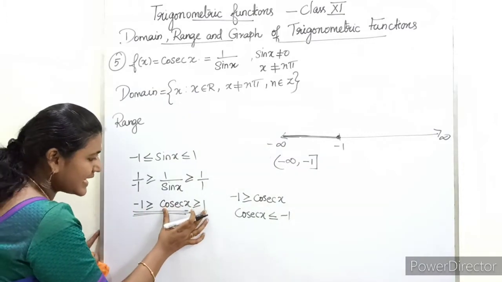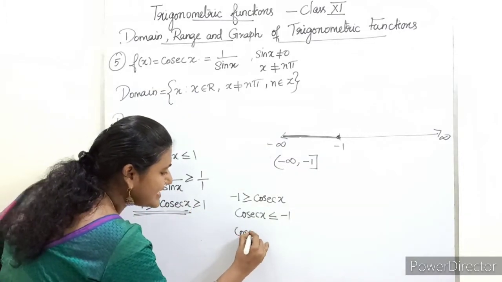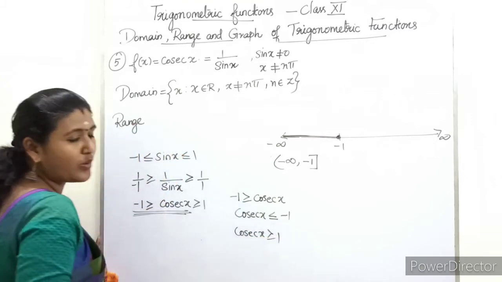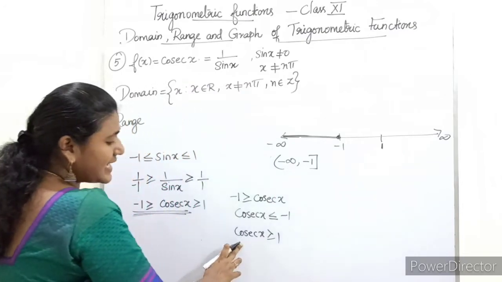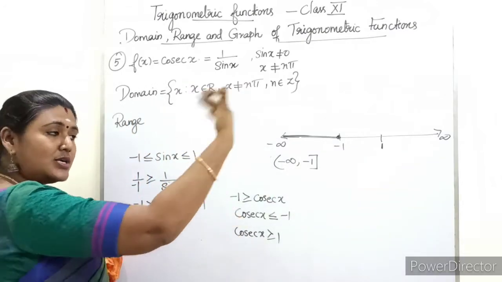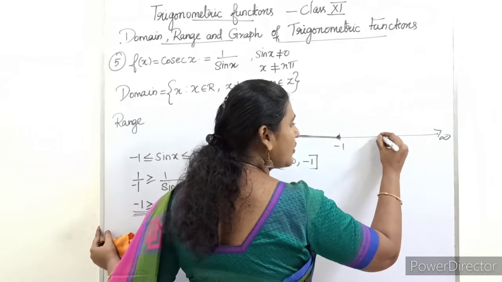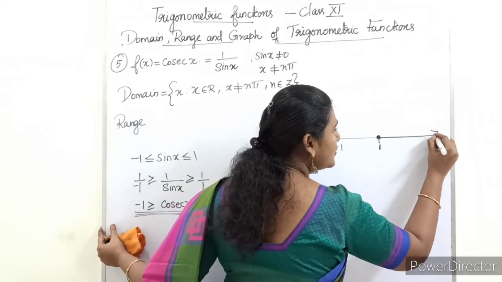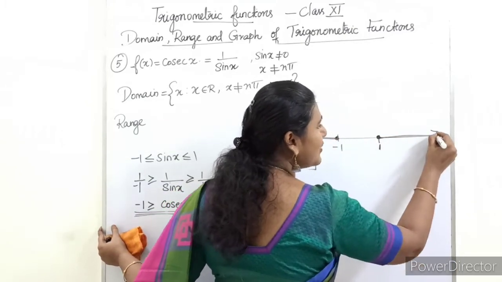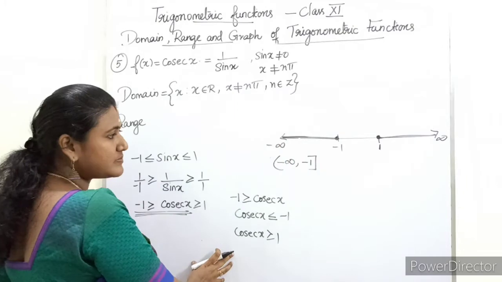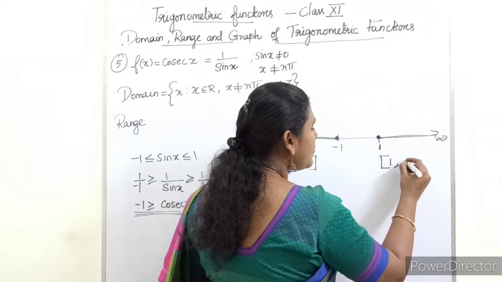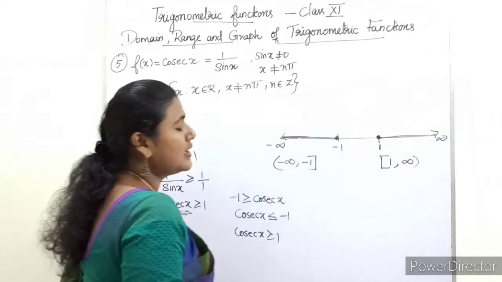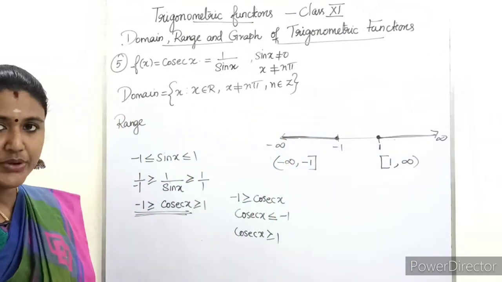Now we will see the second condition. Cosec x is greater than or equal to 1. That is, here we will have 1. So cosec x can take values from 1 to, it can be greater than 1. That is from 1 to infinity. So this interval also will come here. That is, this interval we will denote as closed open 1 to infinity.